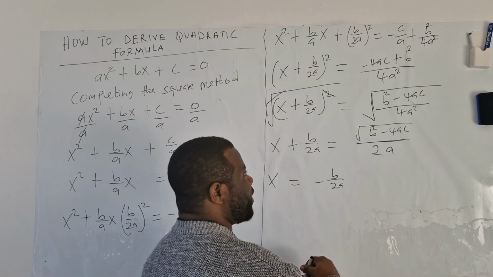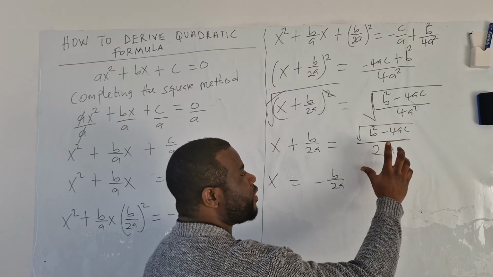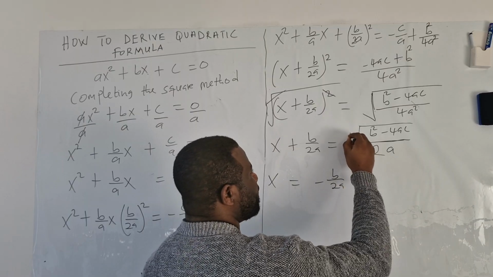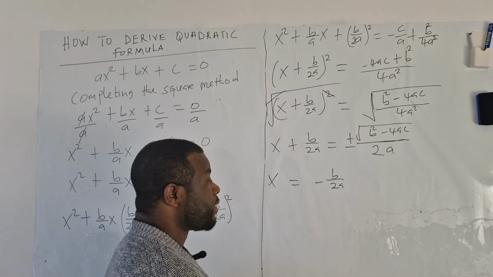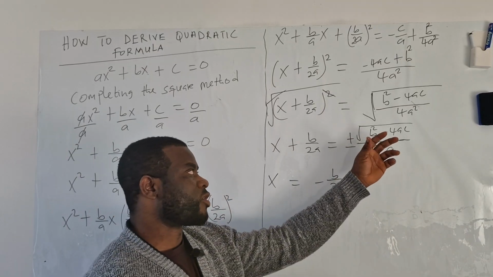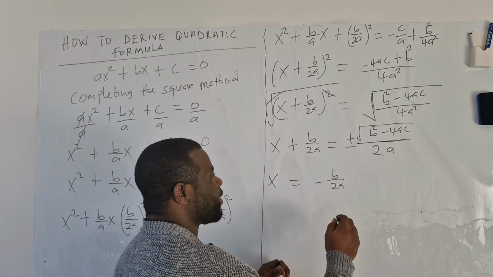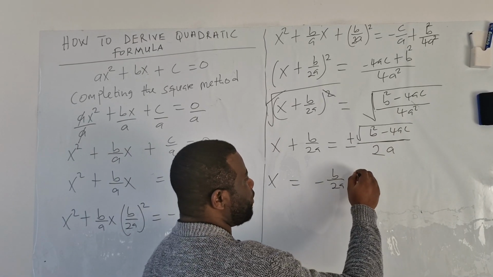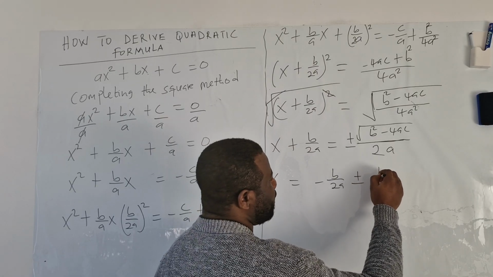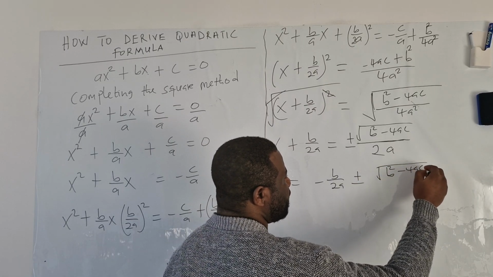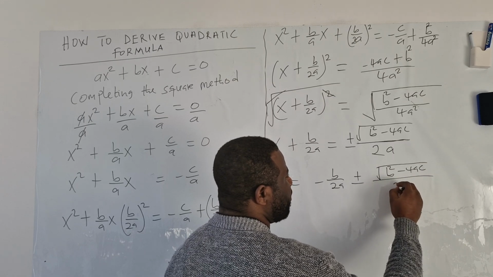At this point, the square root of anything is plus or minus, right? Whenever you find a square root of anything, it's plus or minus. So you have plus or minus here. So minus b on 2a plus or minus square root of b squared minus 4ac all divided by 2a.